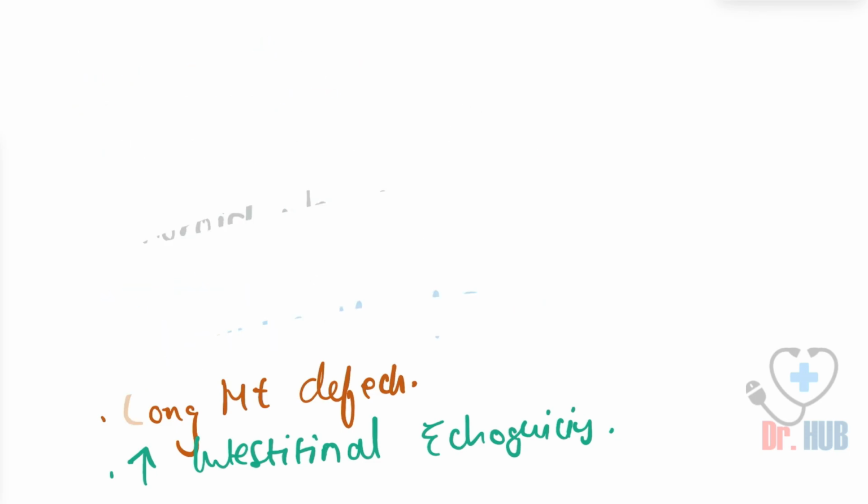Other USG features also include duodenal atresia.